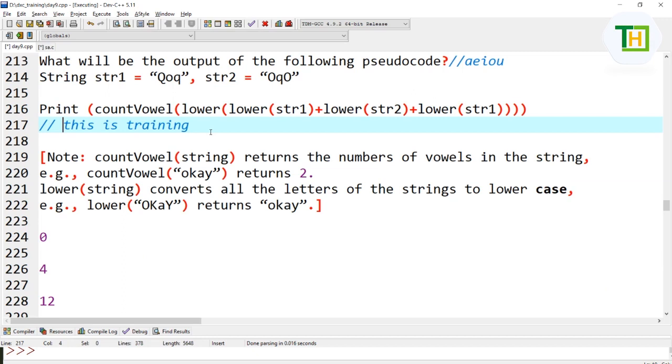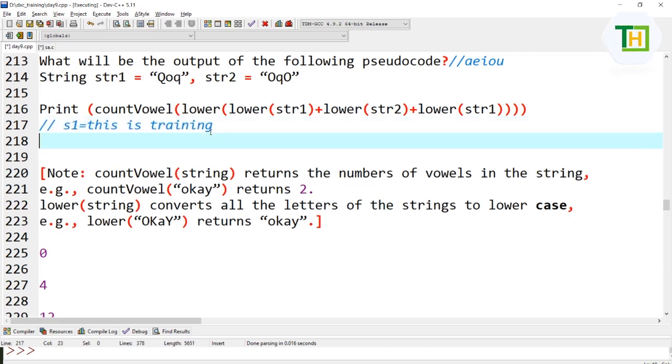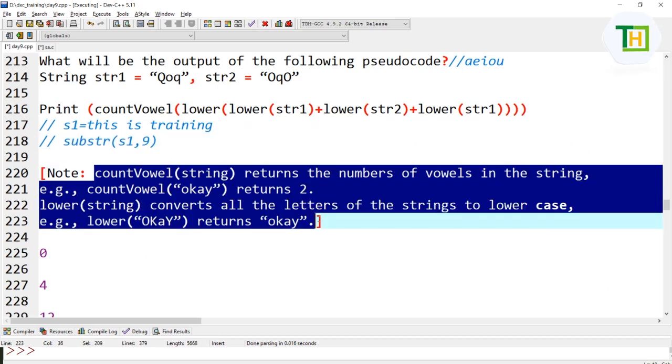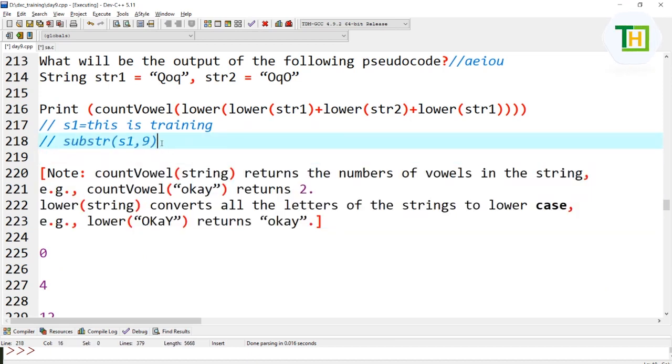This is string 1, for example, str1 is equal to this one, and you have to find the substring. substr is a function, substr of s1 comma 9 here. If you read this, it is going to clearly tell you how substr works. That means from the 9th character onwards, 0, 1, 2, 3, 4, 5, 6, 7, 8, 9.